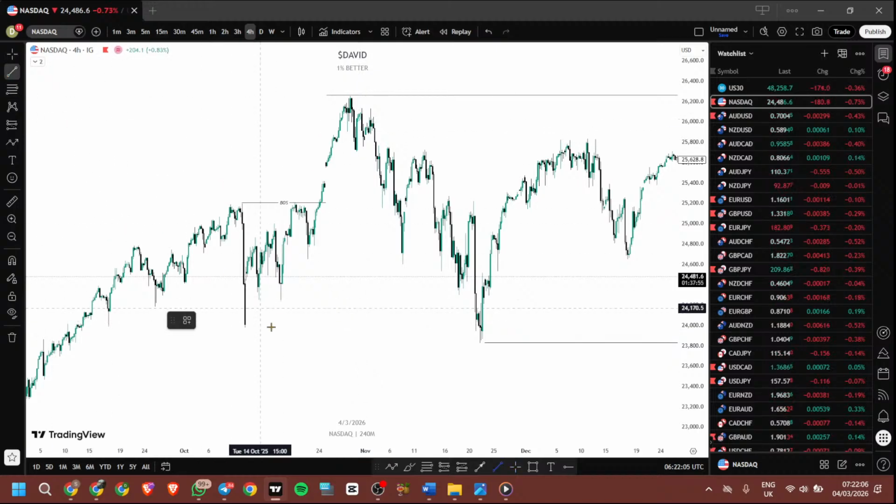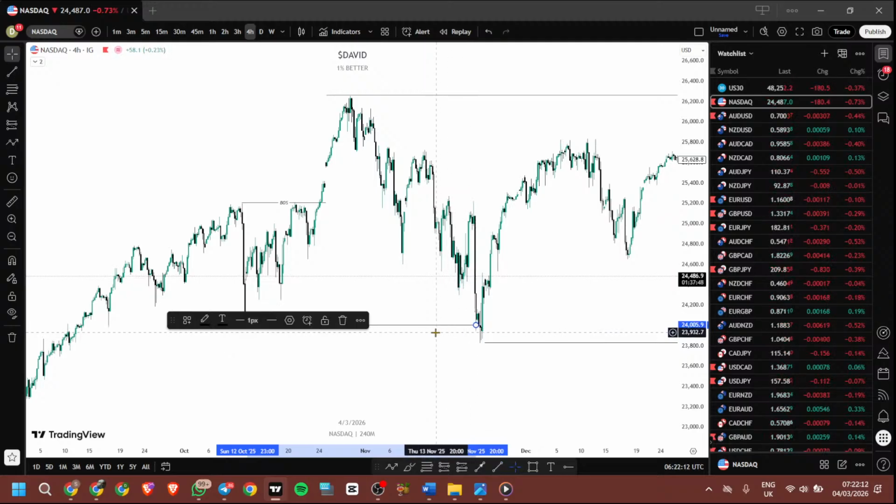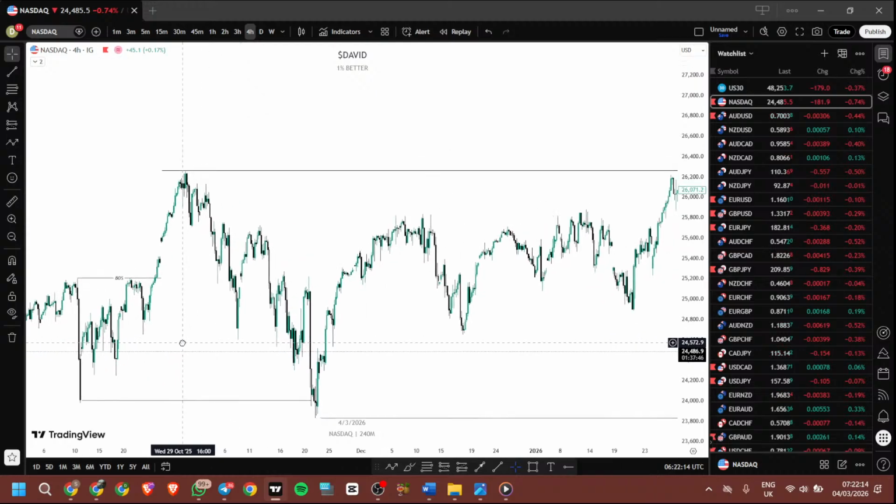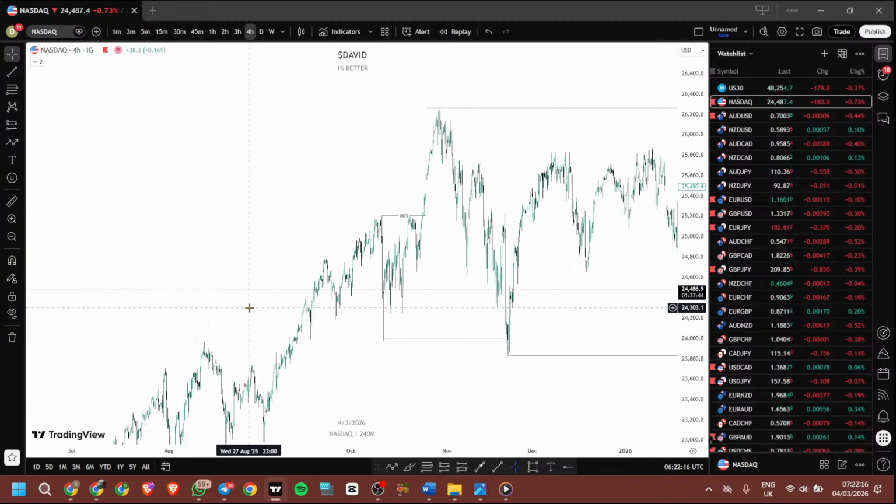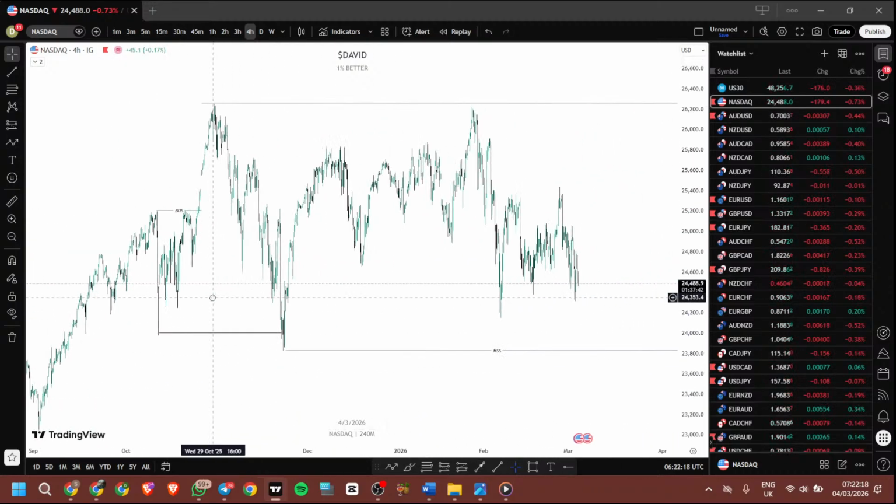And we had this low. I really don't want to conclude and say this is our change of structure yet. This is our MSS, right?